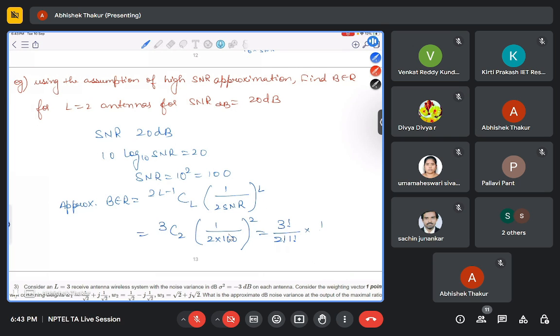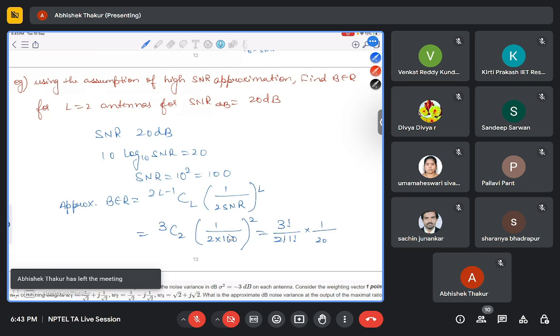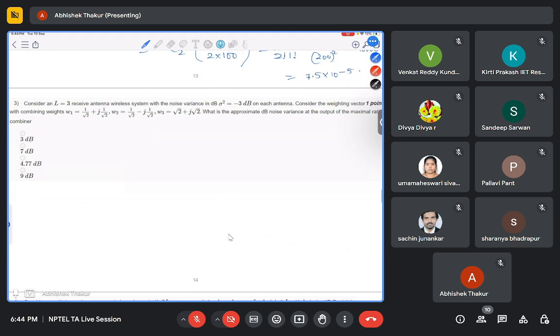So the answer will be 3 by 4, that is 0.75 into 10 to the power of minus 4. So that will be 7.5 into 10 to the power of minus 5. So like this we can solve this kind of question.